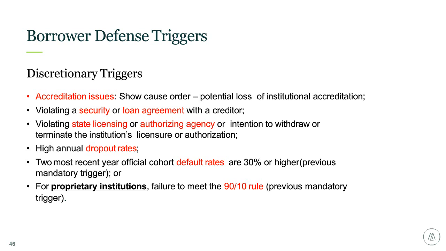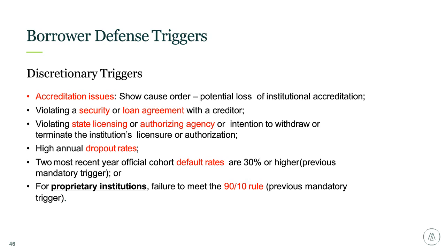There are also discretionary triggers. Below, on the slide, is a list of these discretionary triggers. They include any accreditation issues, violations of security or loan agreements with creditors, any violations with state licensing or authorizing agencies, a high annual dropout rate, and, within the 2 most recent years of official cohort default rates, rates of 30% or more.